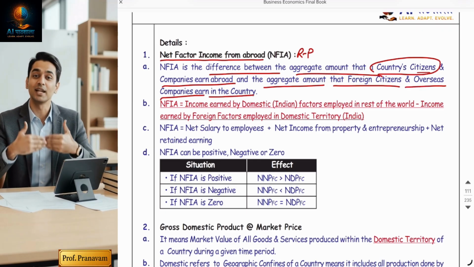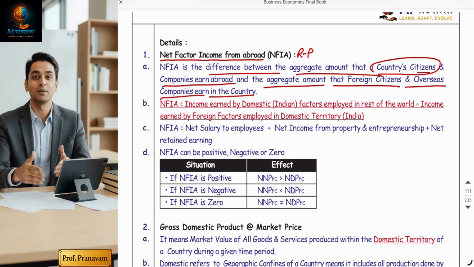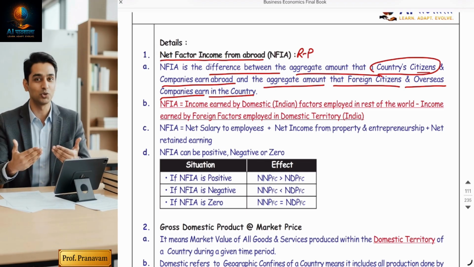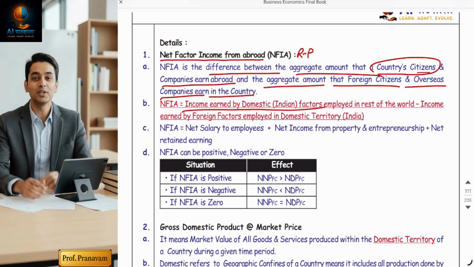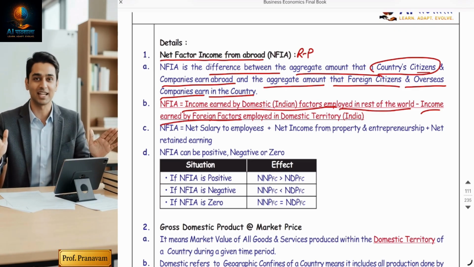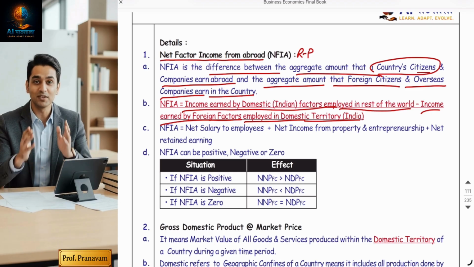Basically, it is the difference between income earned by Indian residents abroad and income earned by foreign residents in India. So the formula is income earned by domestic factors employed in the rest of the world minus income earned by foreign factors employed in the domestic territory. I can say it is receipts minus payments.